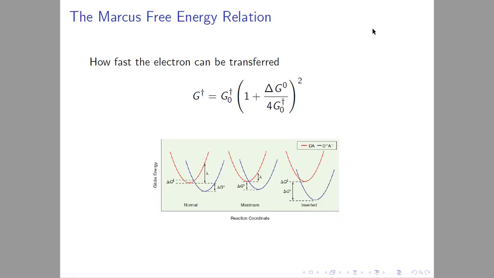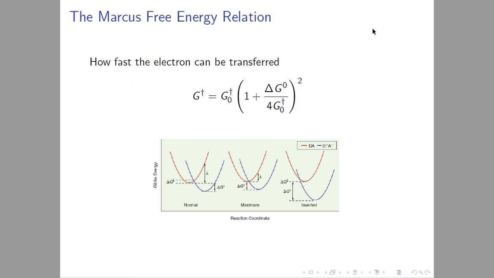Okay, so next, this one is if we have an ion A plus and it becomes B, or A becomes A minus, or A plus becomes B minus. So how can we see the electron passing from one state or from one protein to another protein?